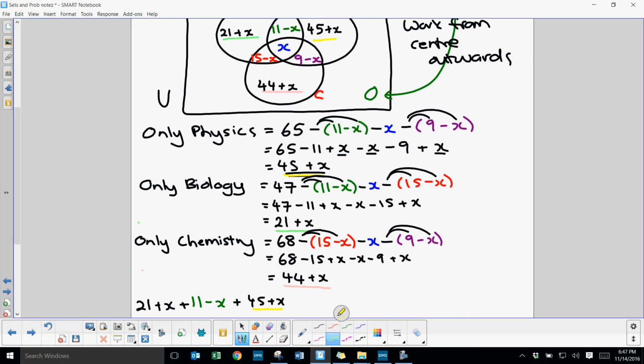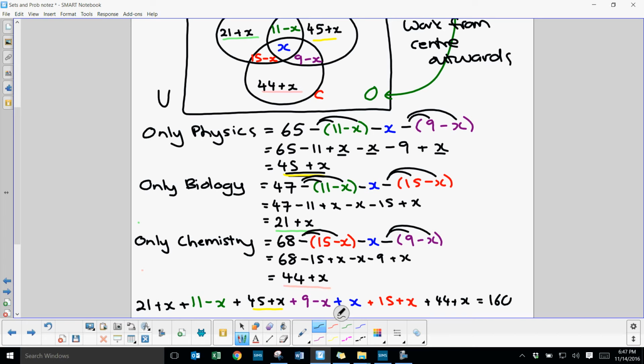That's a yellow bit here if you're wondering where that came from. Plus the purple 9 minus x. Plus the blue x in the middle. Plus 15 plus x. Plus 15 plus x. Don't forget the 44 plus x down the bottom. Plus 44 plus x equals 160.